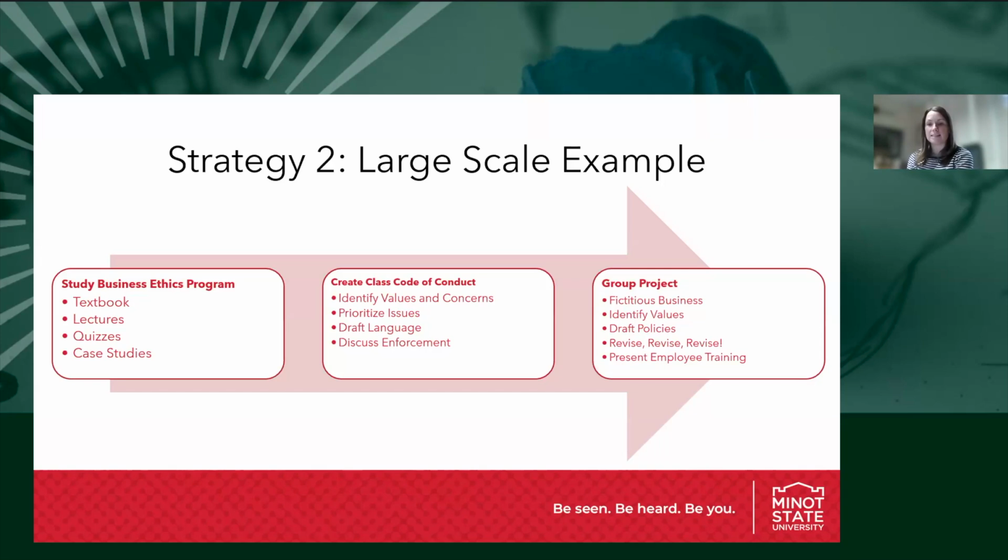And so the rest of the class acts as their employees, and they present their actual code of conduct as they would if they were in a real professional setting. And so this allows them to study ethics, to learn about ethics, understand what codes of conduct are and why they exist, and then actually communicate that in a setting that models what it might look like in actual practice.